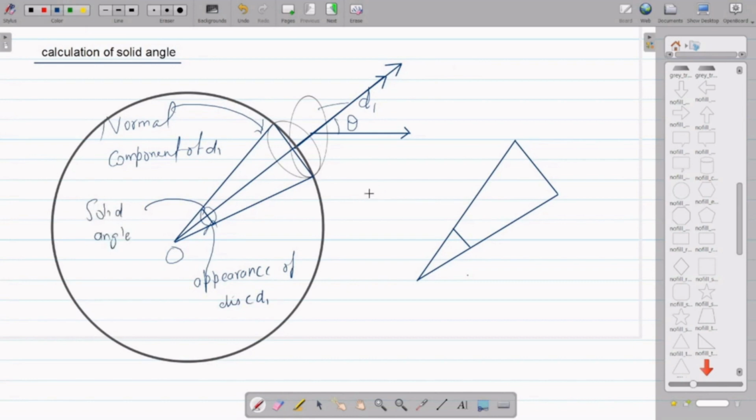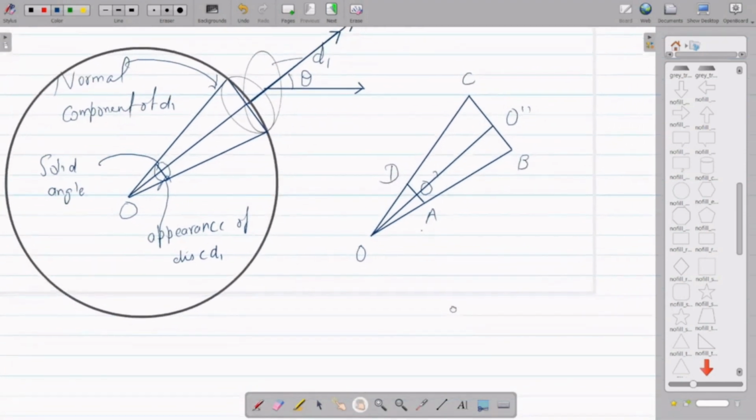So I will be doing the mathematical calculation for solid angle by considering this figure. So I need to label it. Let's suppose this is the point A, this is the point O dash, and this is O double dash. And now let's suppose this is point A, this is B, this is C, and this is D, right?